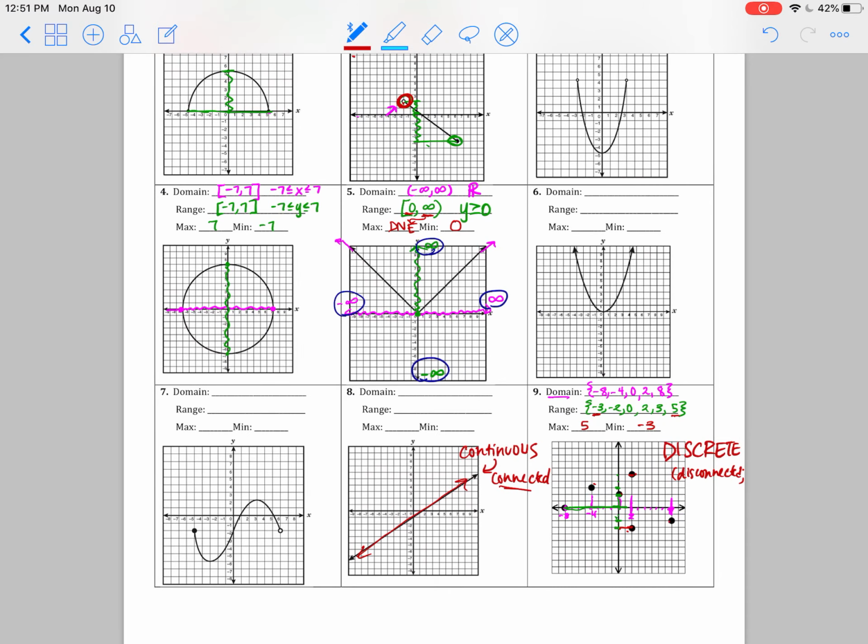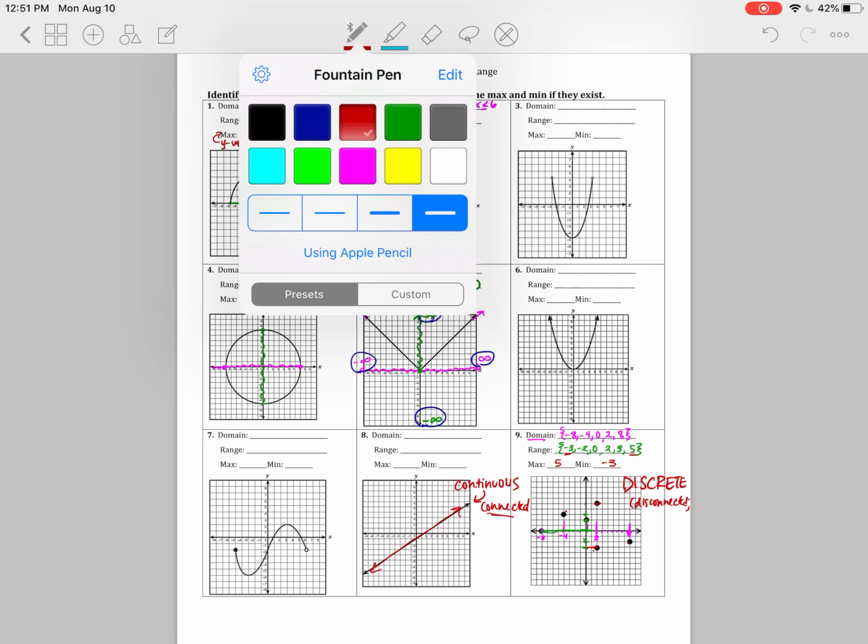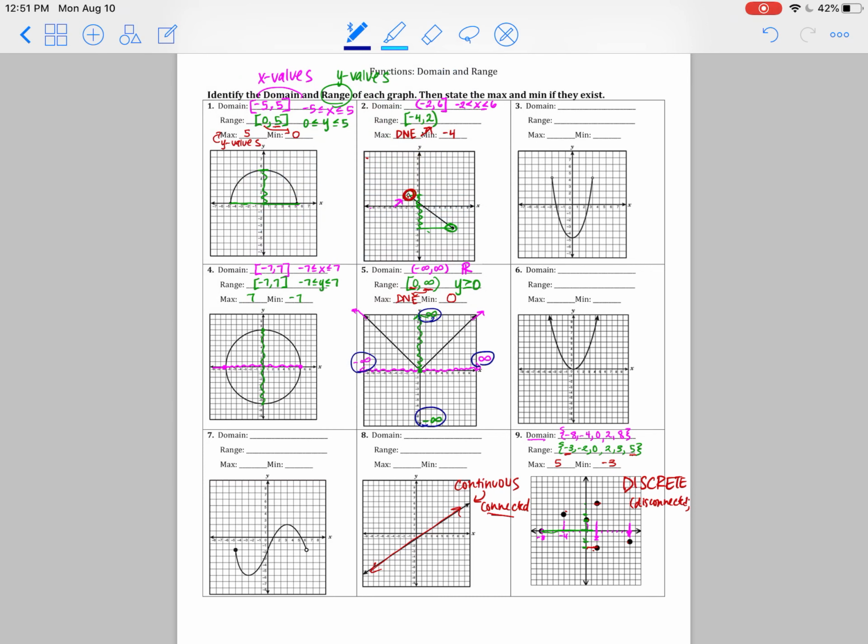The last thing I want to talk about on this worksheet is function versus non-function. There are two examples on here that are not functions because they fail the vertical line test. Number 4 and number 9.